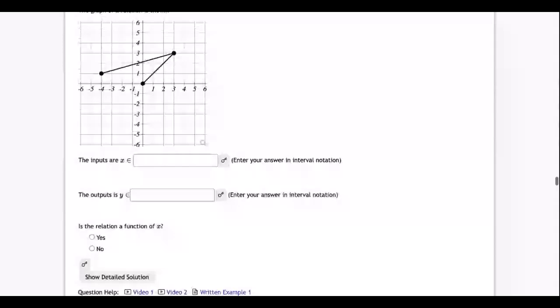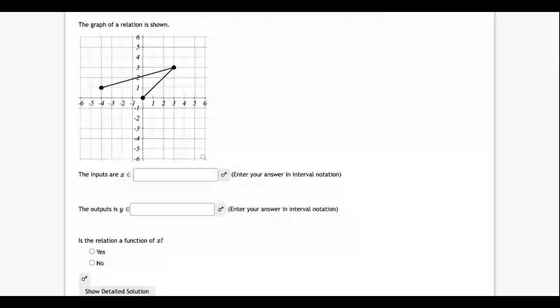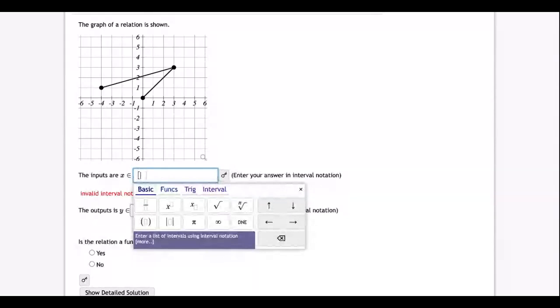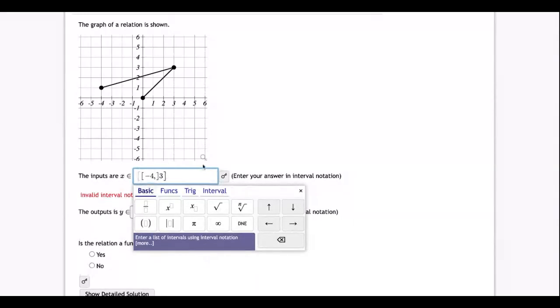So this relation is not a function, okay? What are the inputs? Inputs are x values from -4. Someone asked this earlier: with brackets, because the two ends are solid dots, right? So from -4, including -4, up to 3 and including 3.